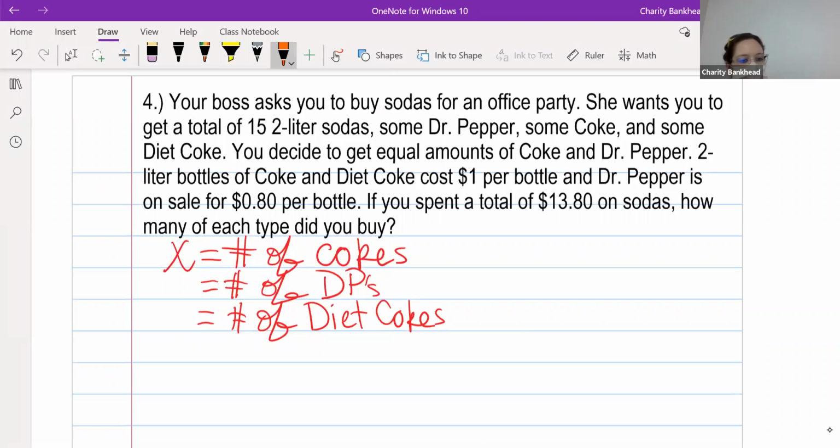So what can I fill in for a number of Dr. Peppers? Well, it says that I'm going to get equal amounts of Coke and Dr. Pepper. So if X is the number of Cokes I'm going to get, then X is also the number of Dr. Peppers I'm going to get.